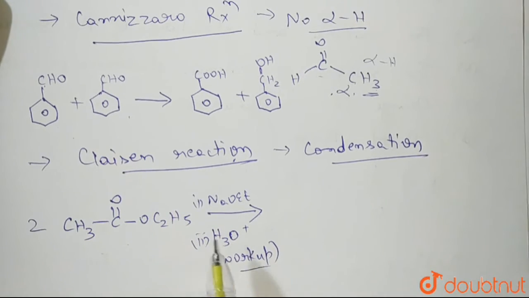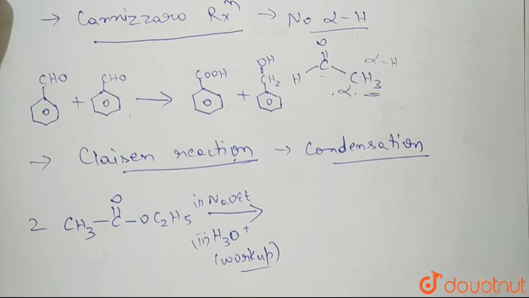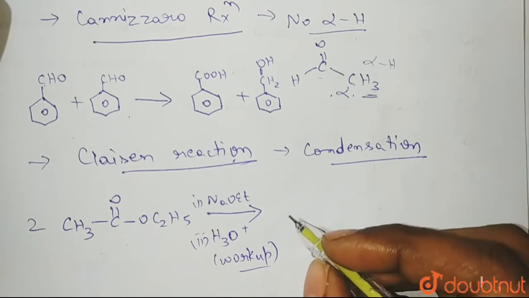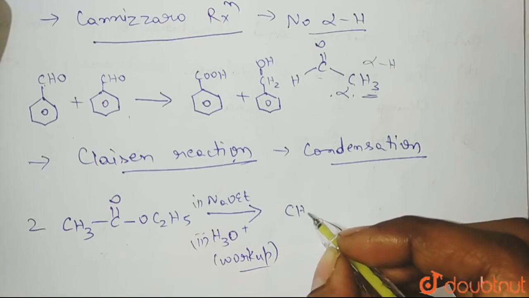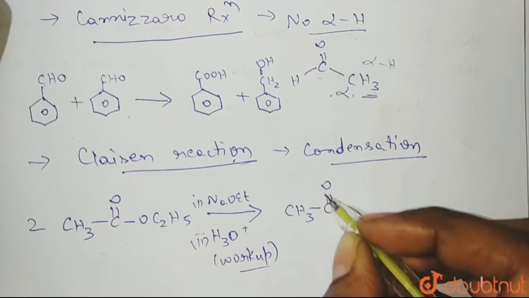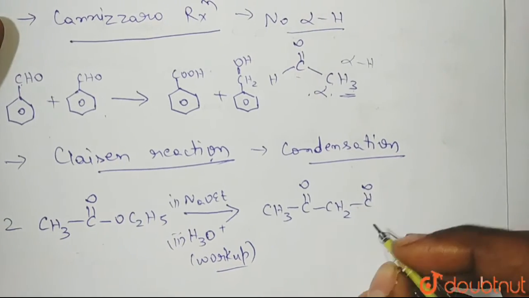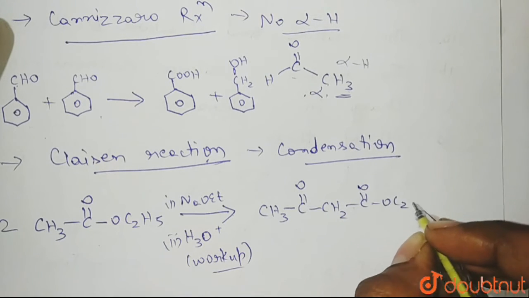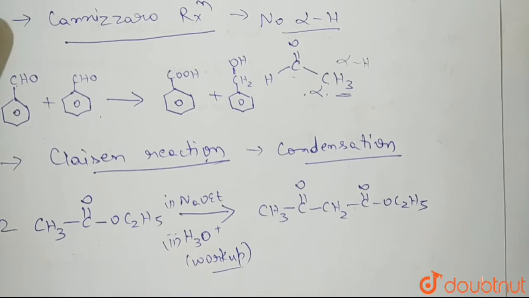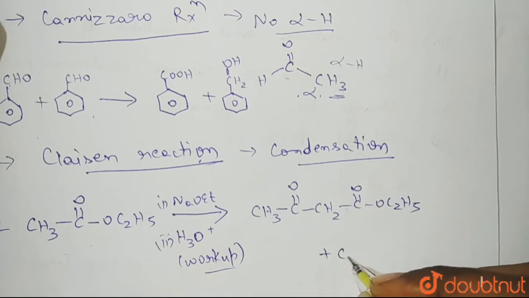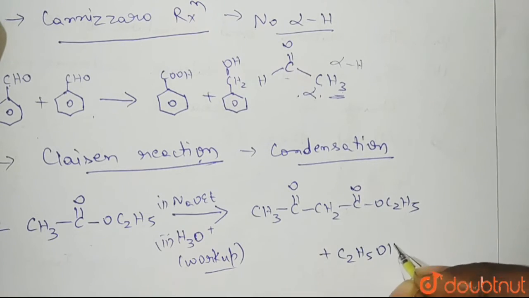So now what happens? We will get a beta keto ester, that is CH3, C double bond O, CH2, C double bond O, OC2H5, plus an ethanol molecule, C2H5OH, which will be removed.